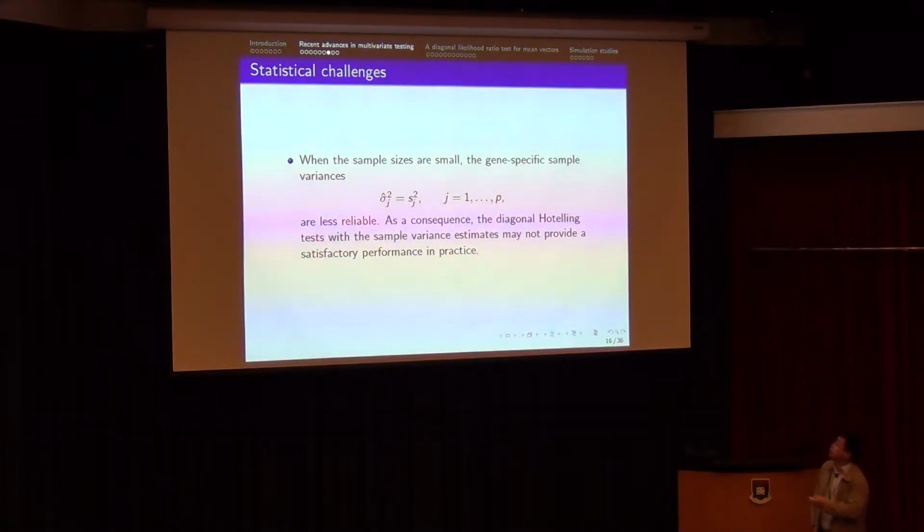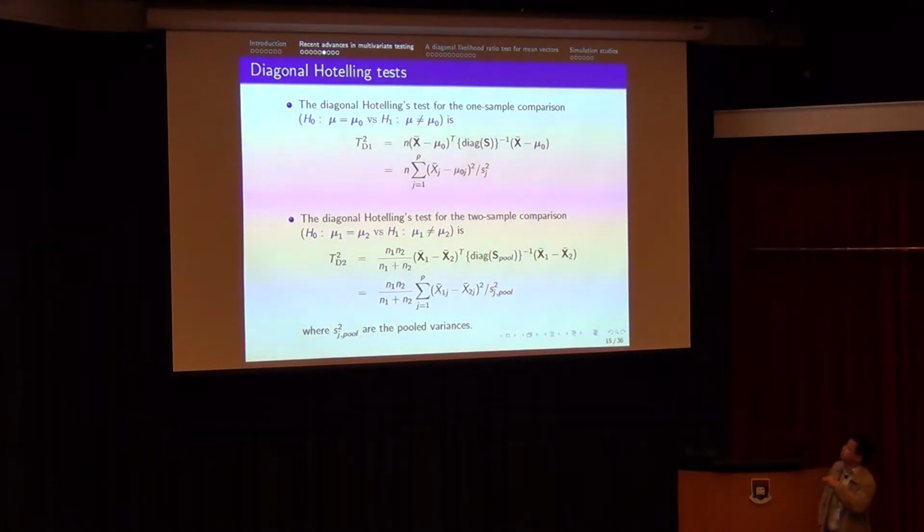One typical motivation is here. If we assume the sample size is very small, 2 or 3 or 4, and you need to estimate thousands, or maybe not that many, of variances, then by chance one sample variance may be very close to 0.0000 something.